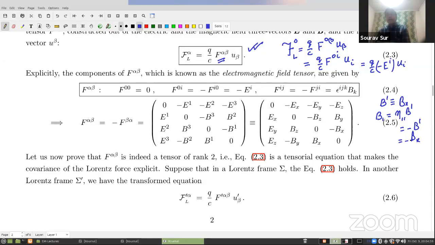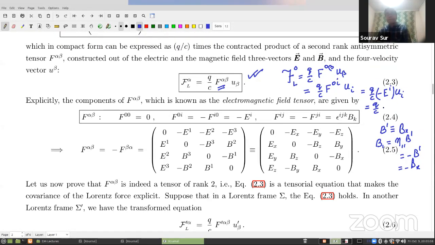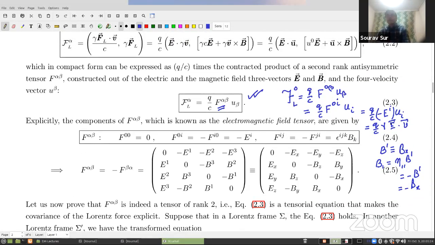But Ui, in the same way, is nothing but gamma times the velocity. So this is Q over C, gamma E dot the velocity.